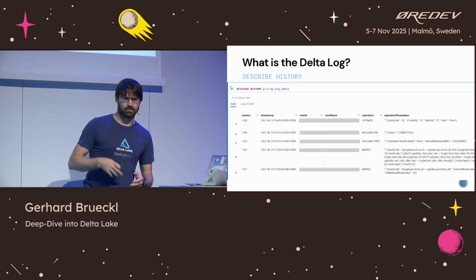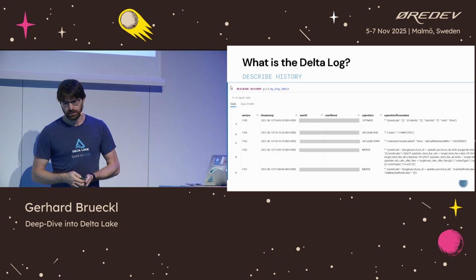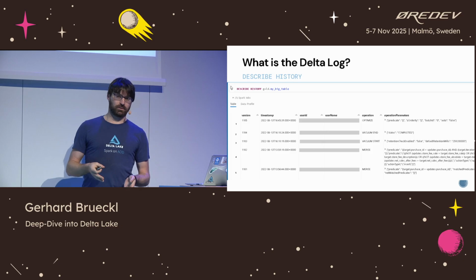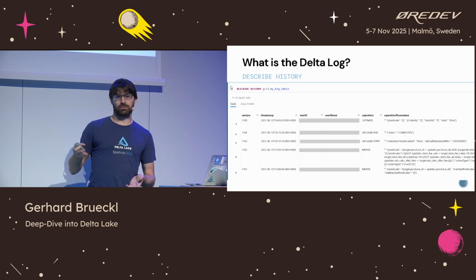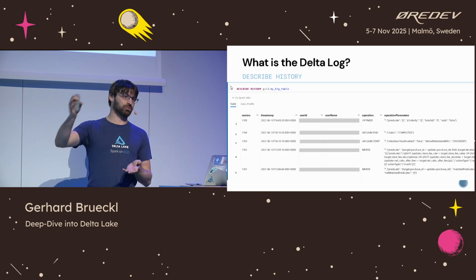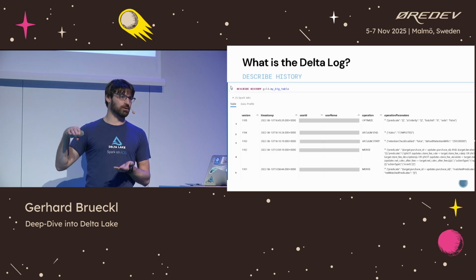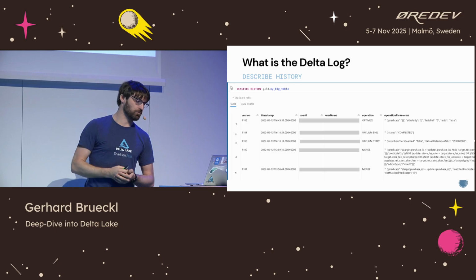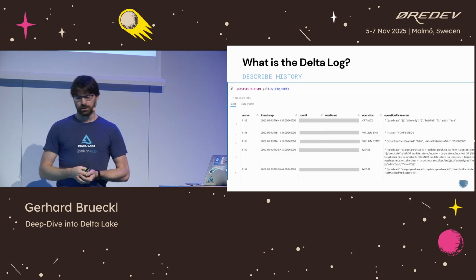All of this is stored in the Delta Log, which can be really cool for auditing purposes as well as debugging. If you want to know what happened with your Delta Lake, you just go to the history. Okay, what transactions happened there? How many files got rewritten? How many files got deleted? It gives you a lot of power for monitoring and debugging.